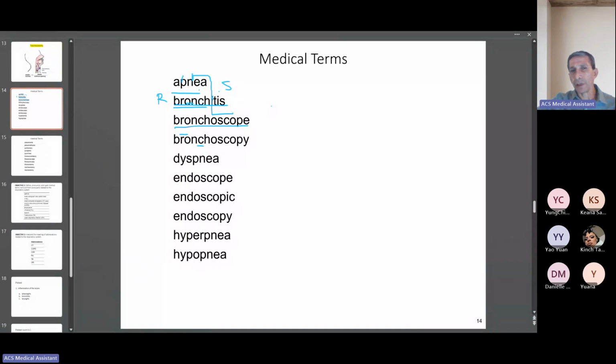And what is this instrument used for? This instrument is used to visualize, to look inside an opening, a hollow space. Remember, if we have a microscope, it's an instrument that is used to visualize something that is very small.